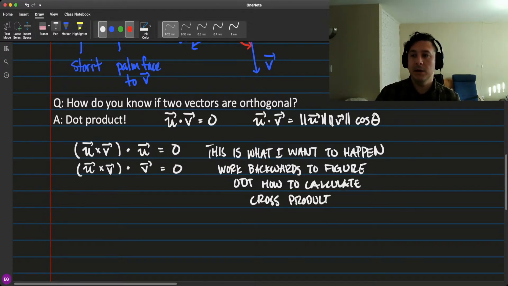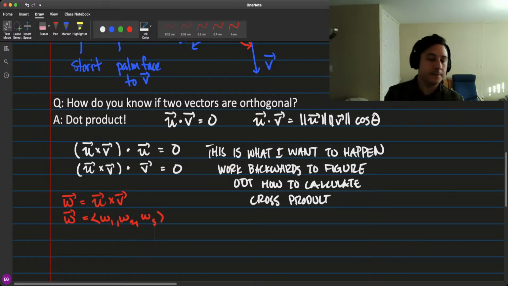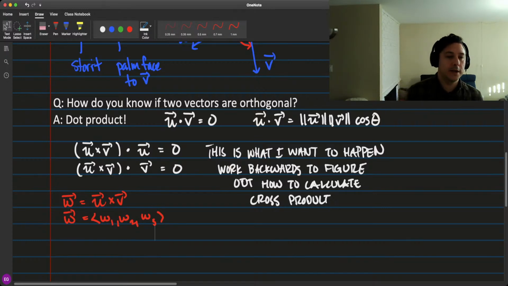Okay, so the cross product, let's call it W. So W is going to be equal to U cross V, because I don't want to keep writing U cross V. And let's say that W has components W1, W2, and W3. Remember, I said this only works for vectors in R3.